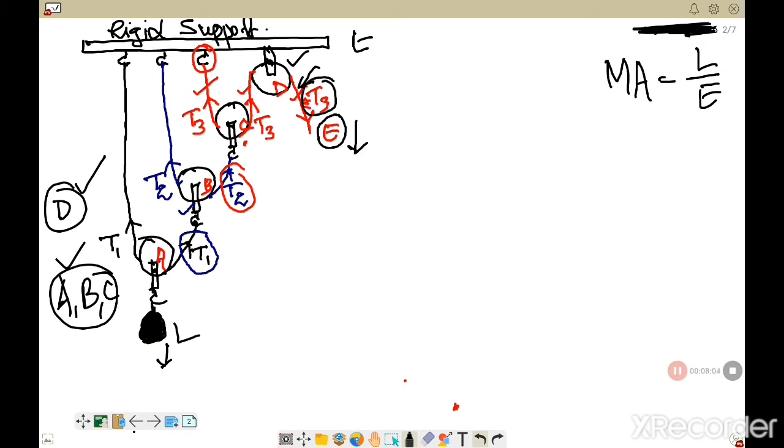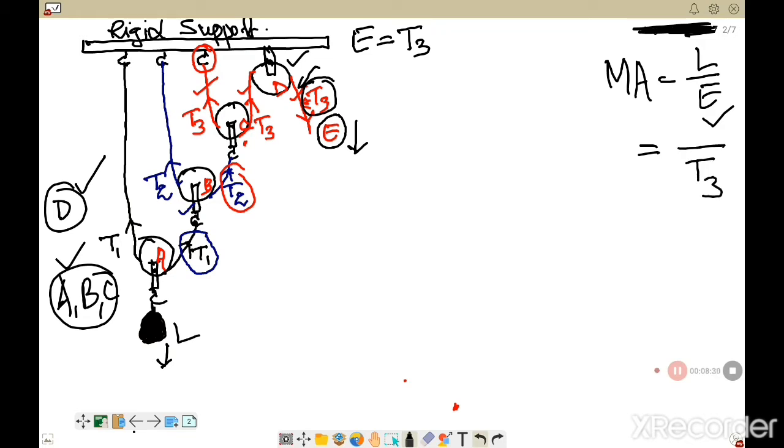So we can write that the effort acting here is equivalent to the tensional force T3, which is acting on the free segment of the string passing through the two pulleys, that is C and D. So effort equals T3.